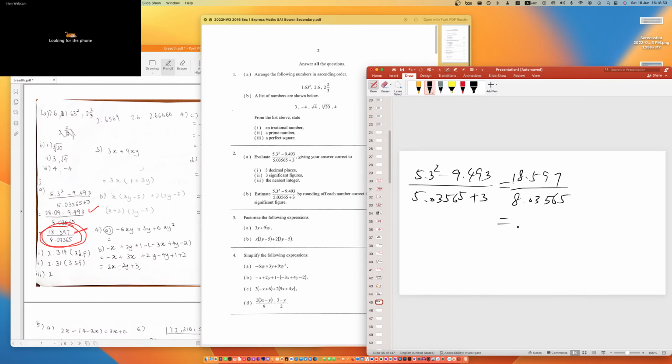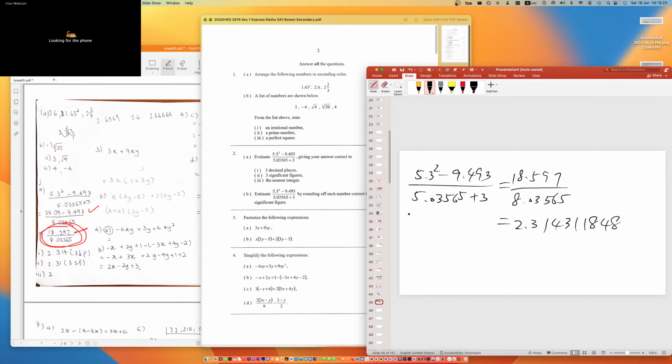What does your calculator give you? 2.3143, continue, 11848. You just get all this out, then you answer the question, because some examiners are very strict. So you get it all out from the calculator.